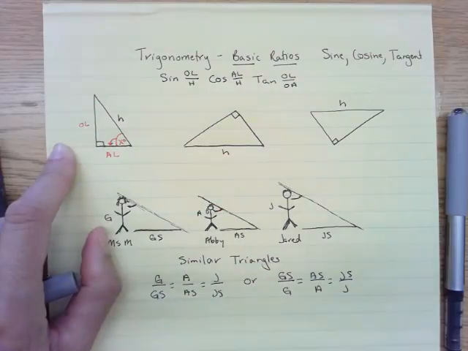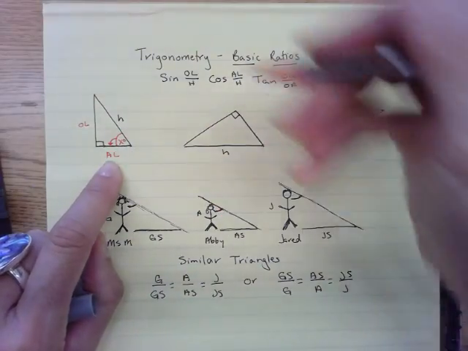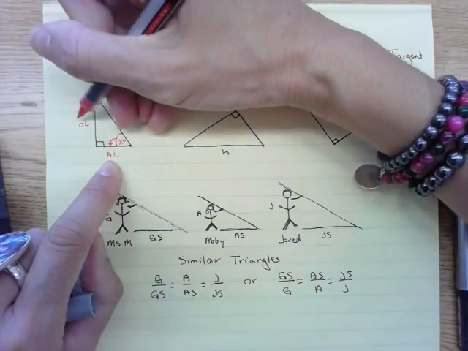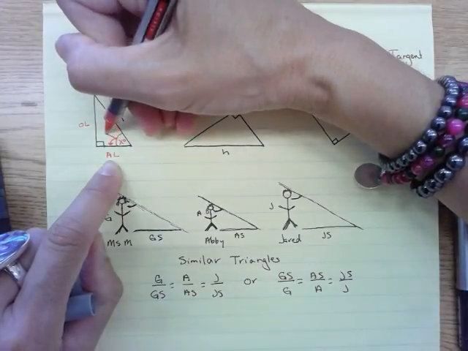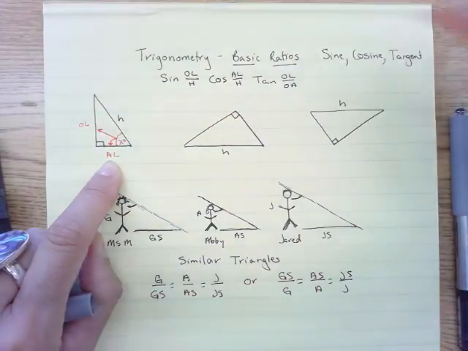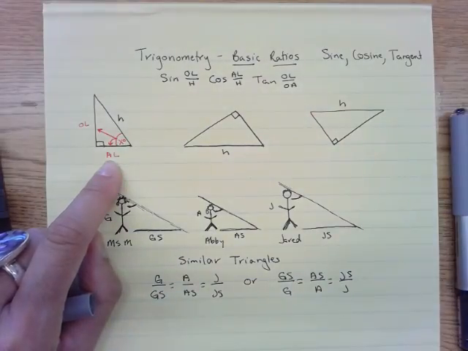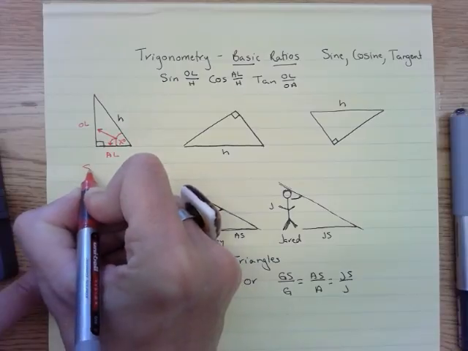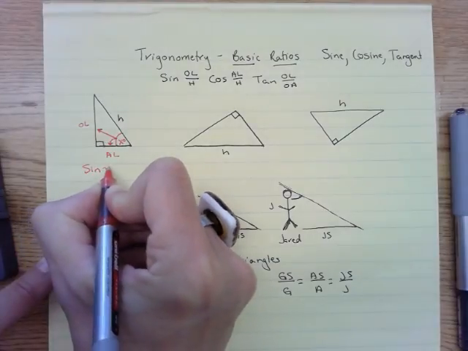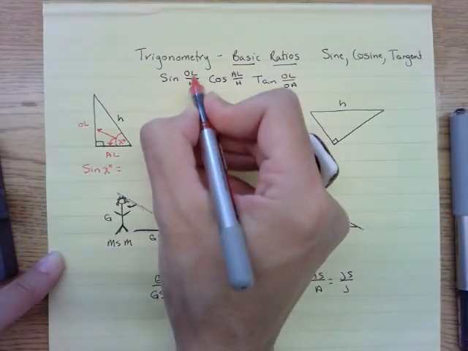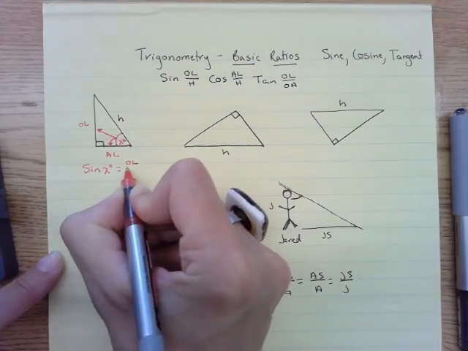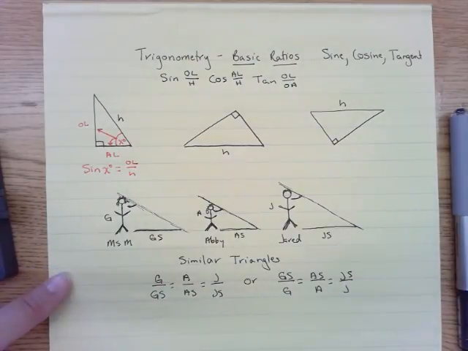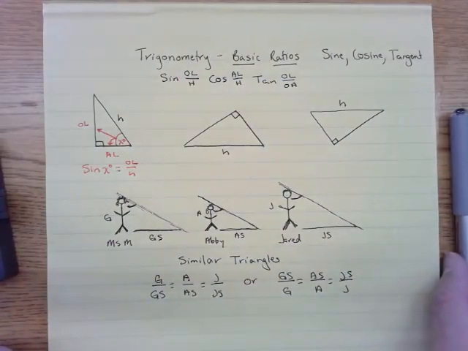So that's the adjacent leg. Why is this called the opposite leg? Because this leg is opposite the angle that we're looking at. So an equation that I can write is sine X degrees equals the opposite leg over the hypotenuse. And when I have numbers in here, this is all going to make sense, and I'll do that in the second video.